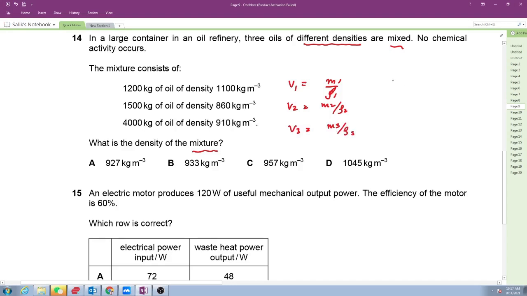After plugging in the numbers, we get 1.09, in the second situation we get 1.74, and in the third situation we get 4.40. So these are our volumes, in meter cube.